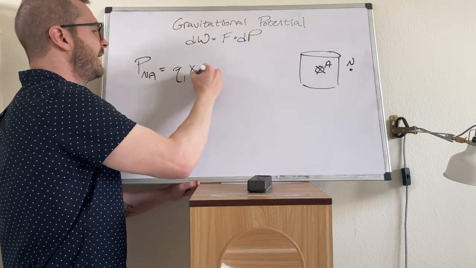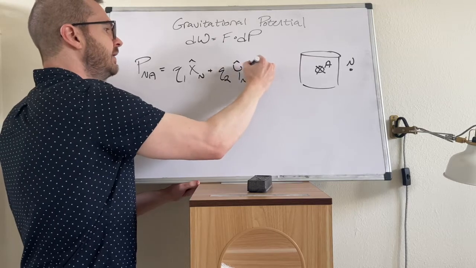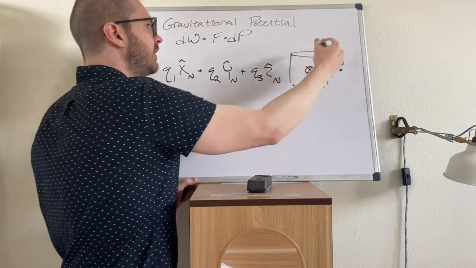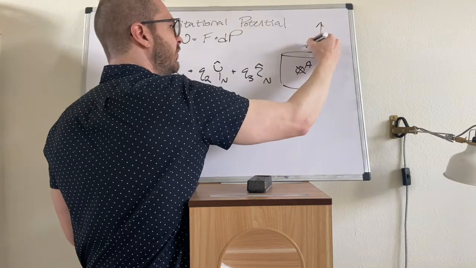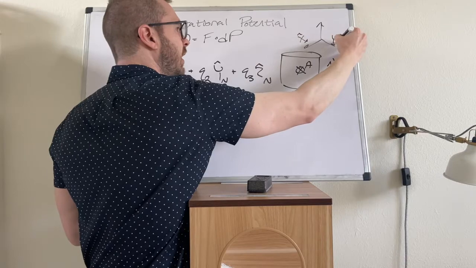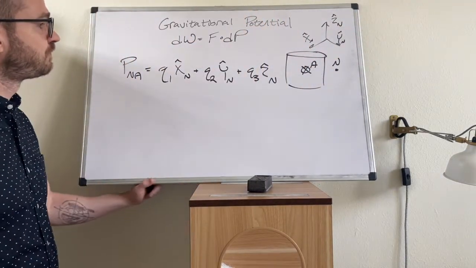So Q1 x hat in, Q2 y hat in, Q3 z hat in. And we can draw our inertial frame in 3D, there it is. So x in, y in, and z in is pointed up.